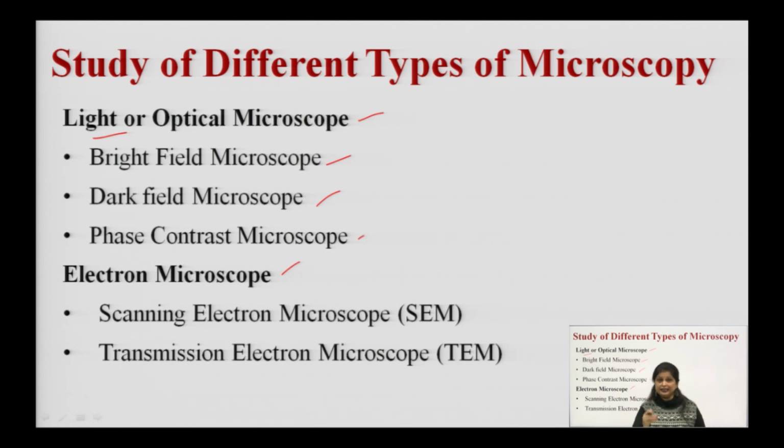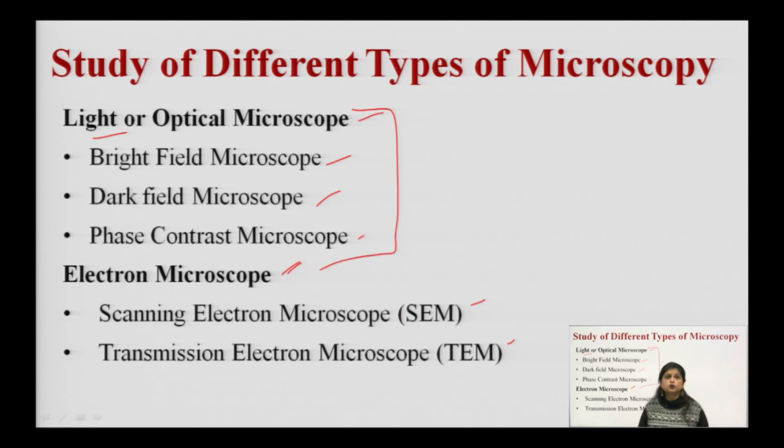This we will study in this lecture, and the rest, that is electron microscopes containing SEM and TEM, I will try to cover in my upcoming lecture, where we will see what electron microscopes actually are and what the advanced versions like scanning electron microscopes and transmission electron microscopes are. In this lecture I will deal only with the light microscopes.